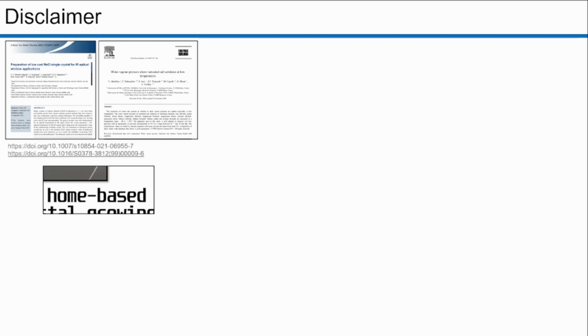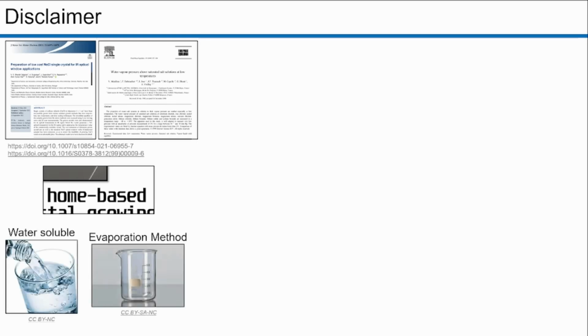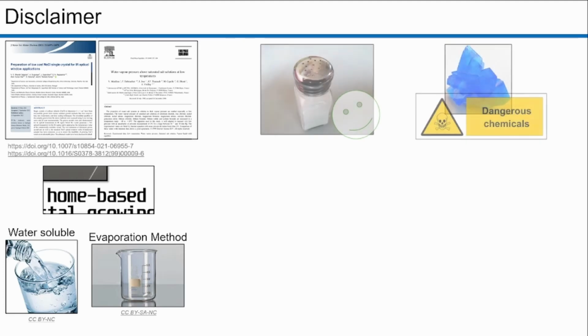In other words, I'll try to approach some simple parameters like temperature and relative humidity that can be controlled at home. I will restrict this video to water-soluble crystals and those that grow by the evaporation method. There are a bunch of methods around, and I'll talk about this.